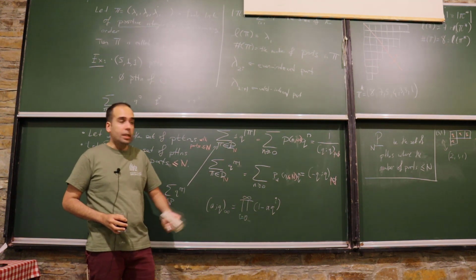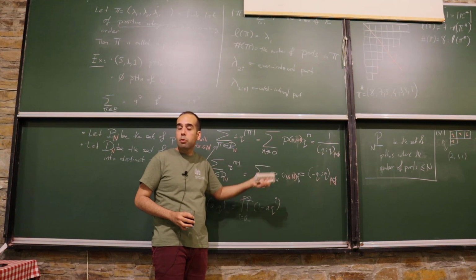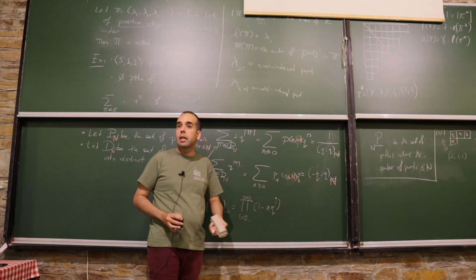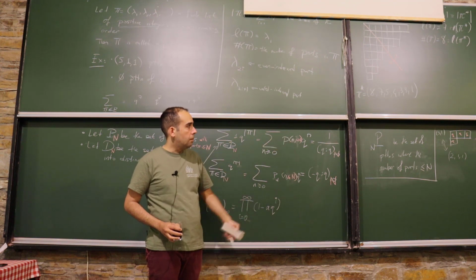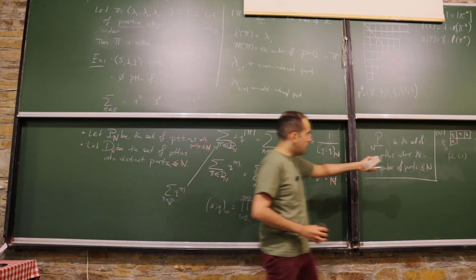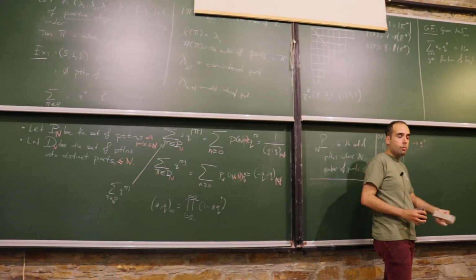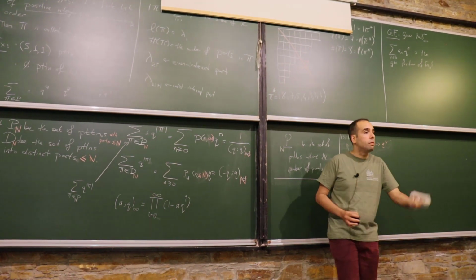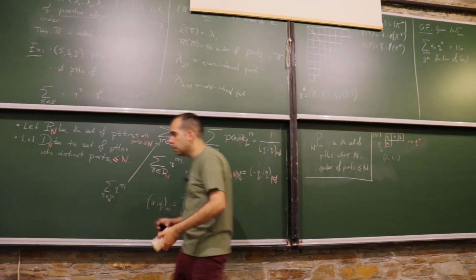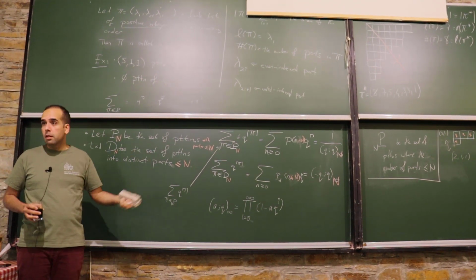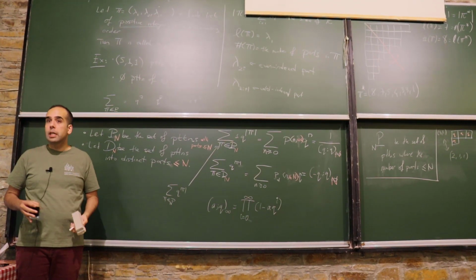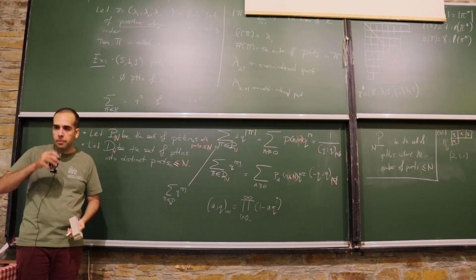We decided to count all the partitions, and partitions into distinct parts, but we could have counted other sets of partitions. We plugged in Q's in these boxes and decided to multiply them all together. We could have put different variables, which we will do. And with these different choices, we will have a more generalized, maybe a richer family of things.